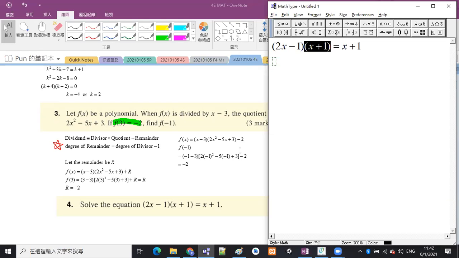So if you cannot cancel the common factor, what you can do is to take out the common factor.